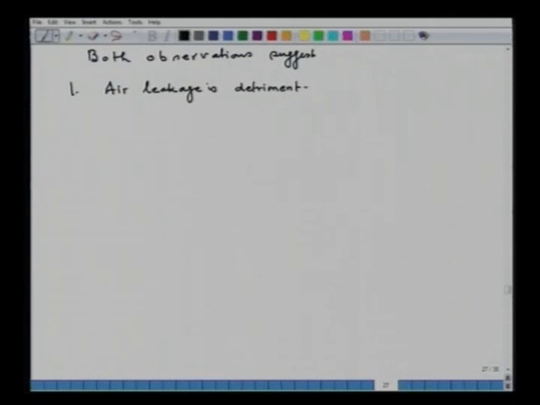Both these observations suggest, number one, that air leakage is more detrimental to fuel economy than excess air, as you have seen in this calculation.